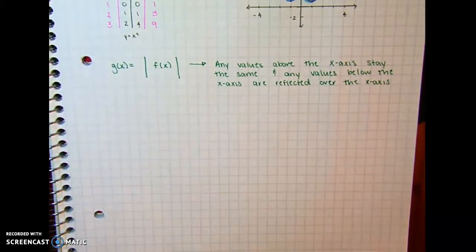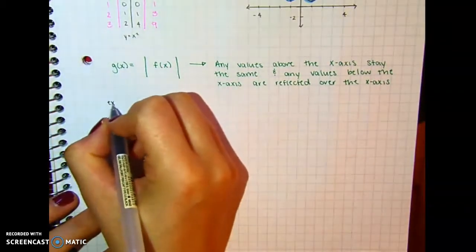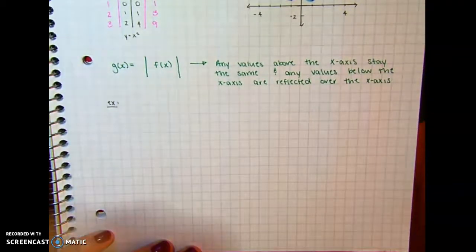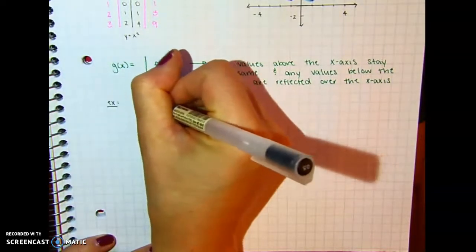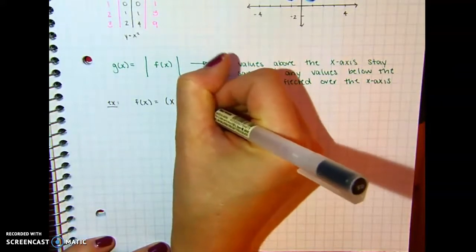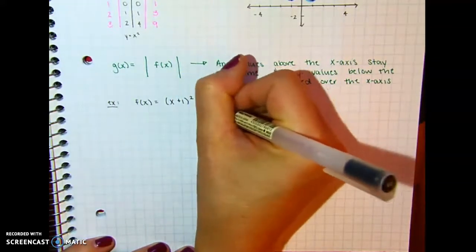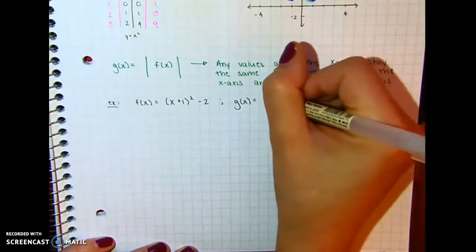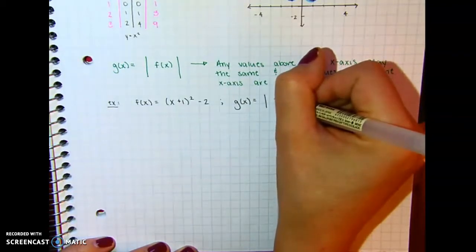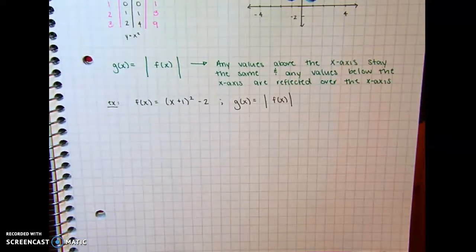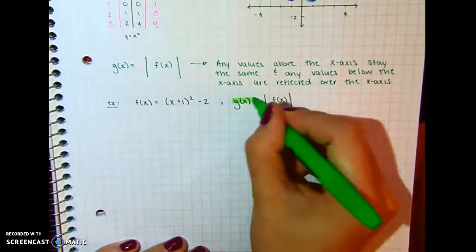So, example, if the original was, let's do something similar. Let's do f of x equals, we'll just do another quadratic because it's a nice visual. And let's have our g of x function equal the absolute value of f of x. And this time I'll do it in green. So this is going to be my final answer.